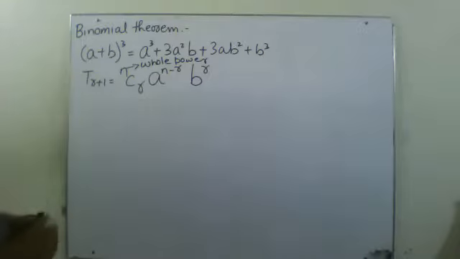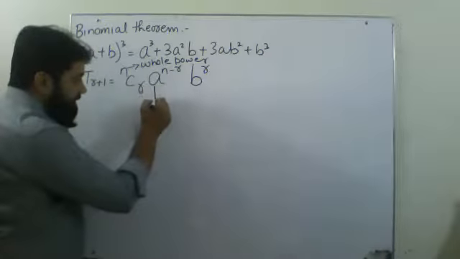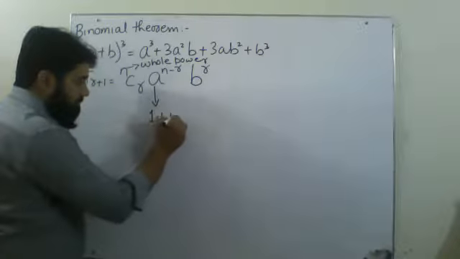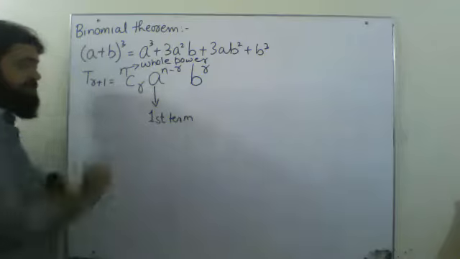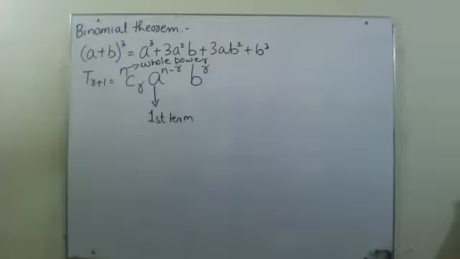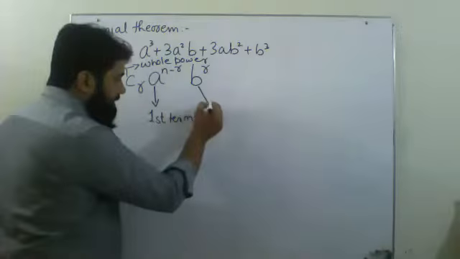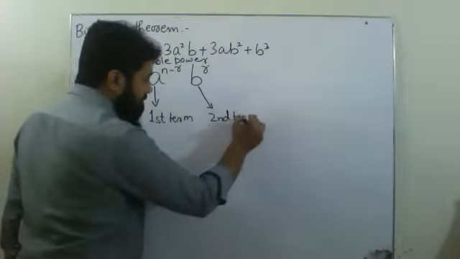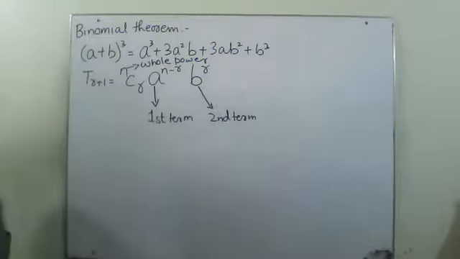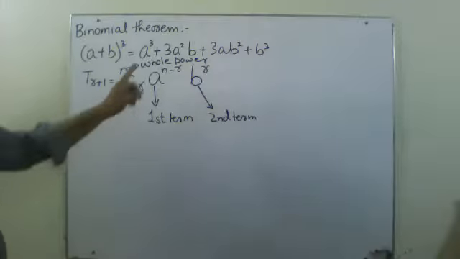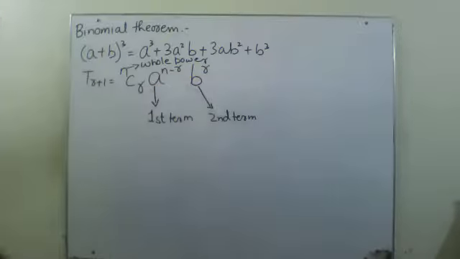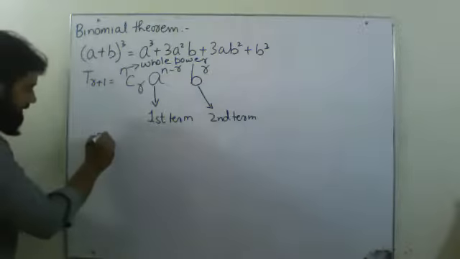Now a will represent the first term in the bracket which has to be expanded. b represents the second term of the bracket which has to be expanded. Now, what is the power of a? The power of a is written n - r.